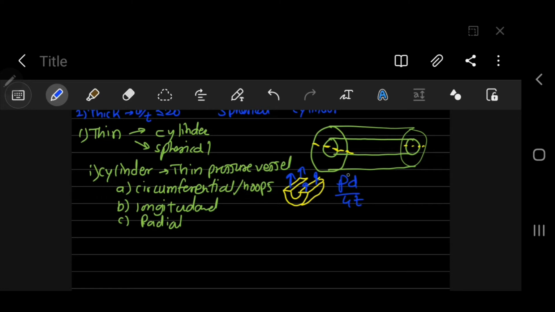Here one thing is to be noted. The pressure is taken as a local pressure. So what is this local pressure?